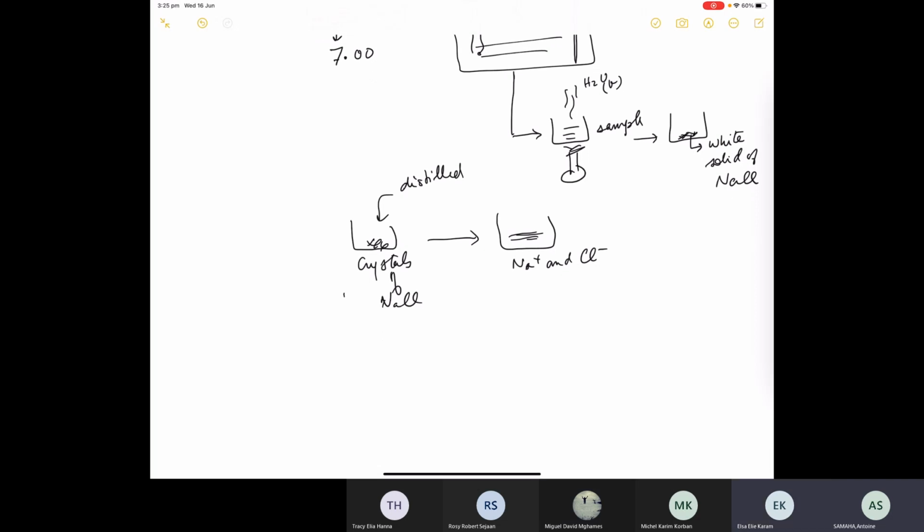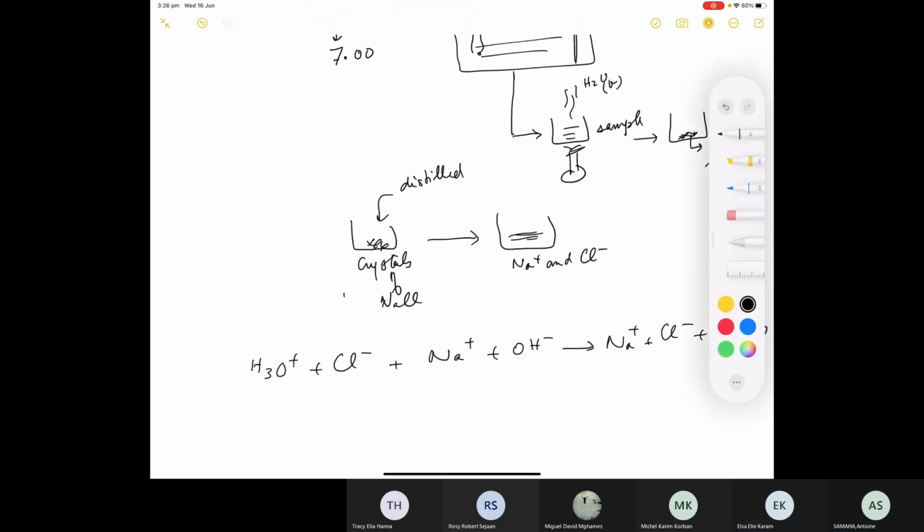So we have H plus, or let's take H3O plus, Cl minus plus Na plus OH minus gives Na plus Cl minus plus 2H2O. Cl minus remains Cl minus, Na plus remains, so we can eliminate these ions.